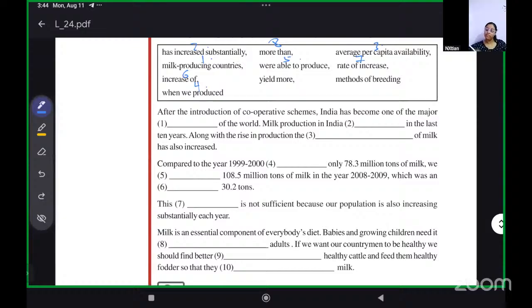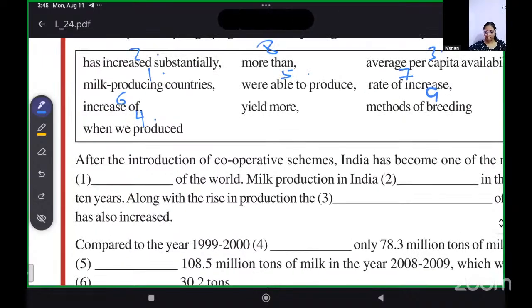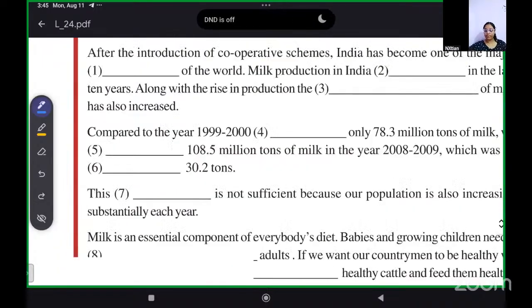Methods of breeding, feeding. Healthy cattle and feed them healthy fodder so that they dash milk. Yield more milk. Correct.